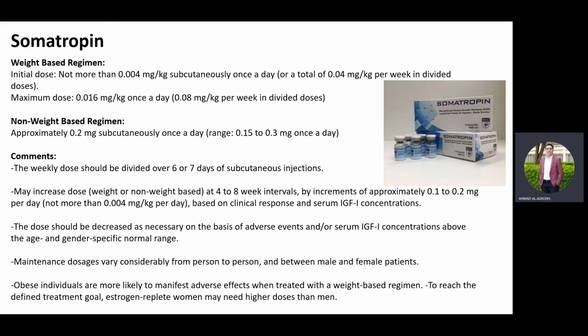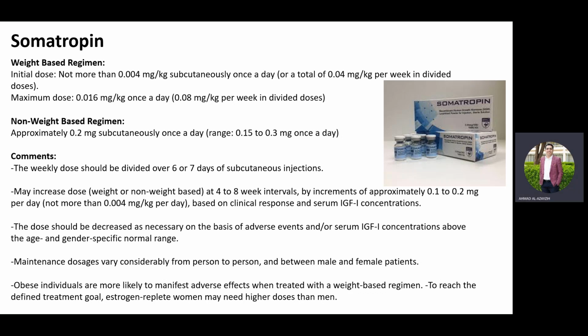We have two ways. Either you go by weight or a non-weight based regimen. As you can see, based on the weight, not more than 0.004 milligram per kg sub-Q once daily, and the maximum dose 0.016 milligram per kg once a day.